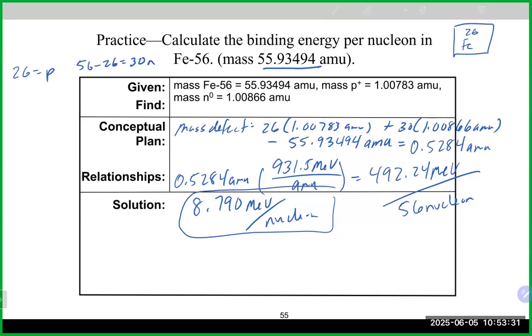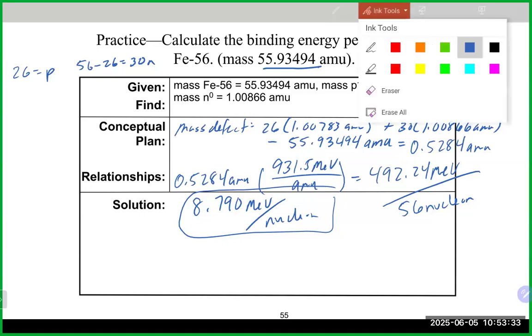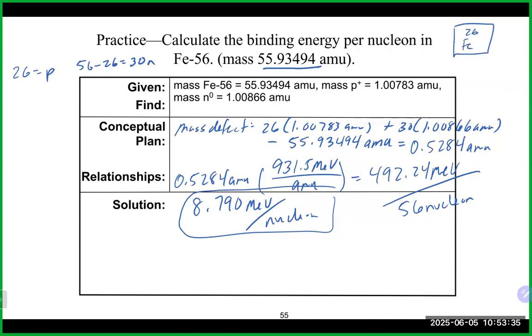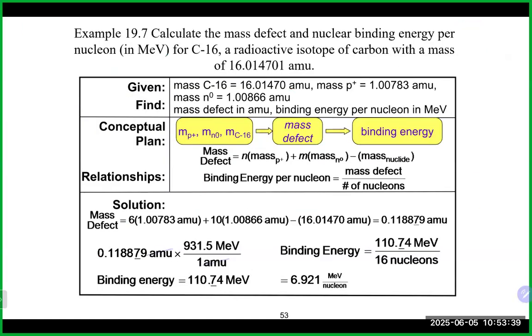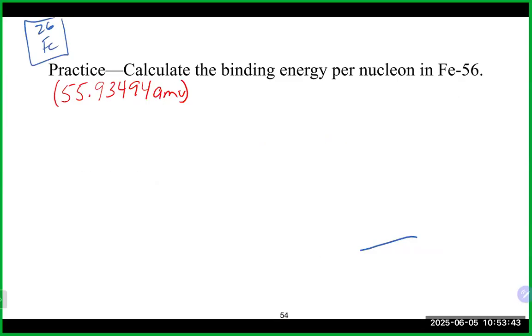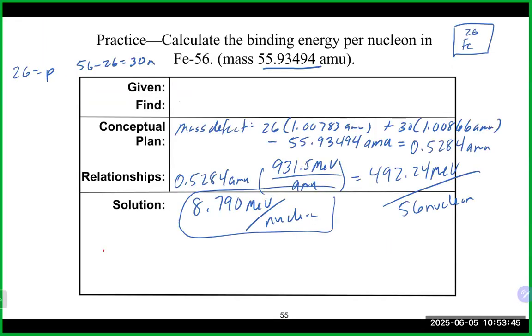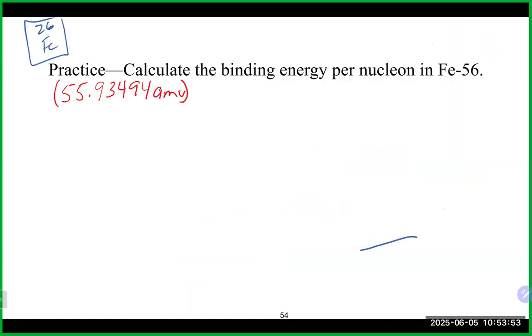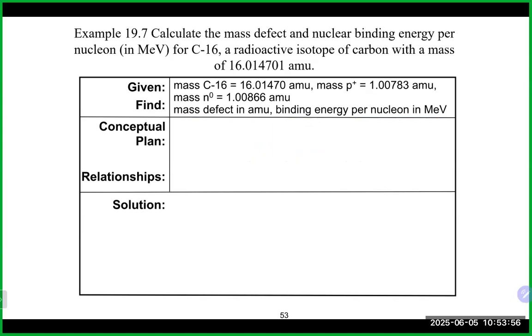Now, if we look at the binding energy we did for our three examples here, we had 6.92-ish mega electron volts per nucleon for our carbon. And we had 7.91 there for our original fluorine, if I'm not mistaken.